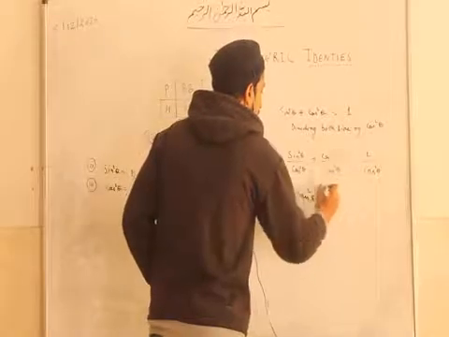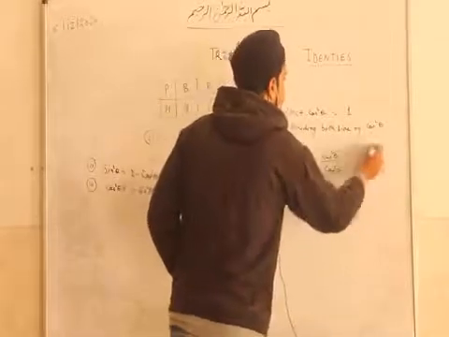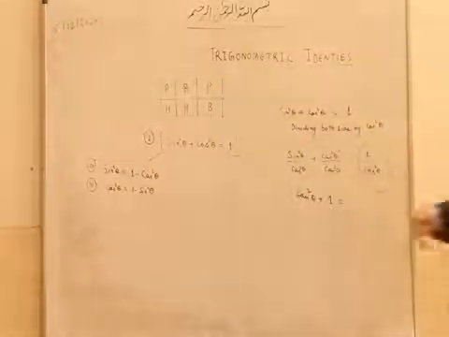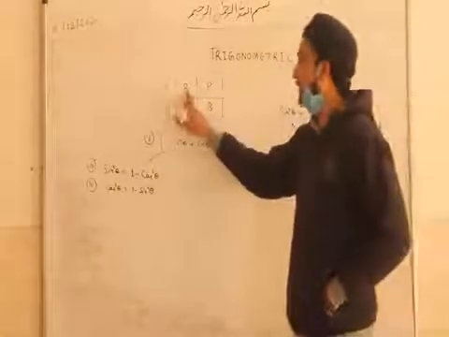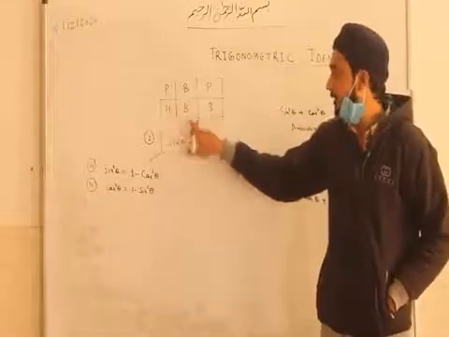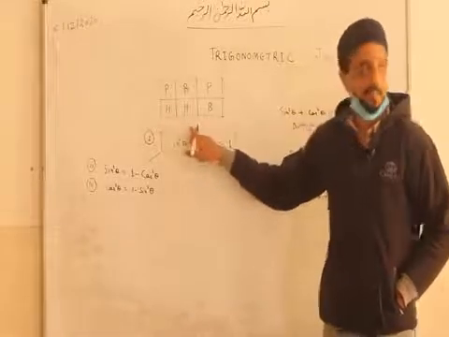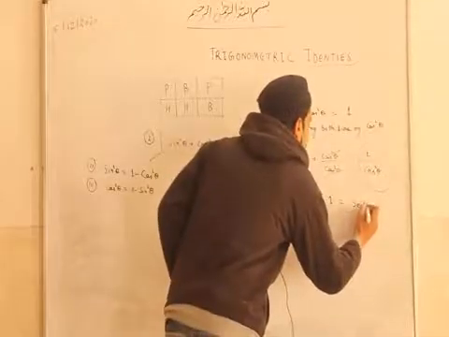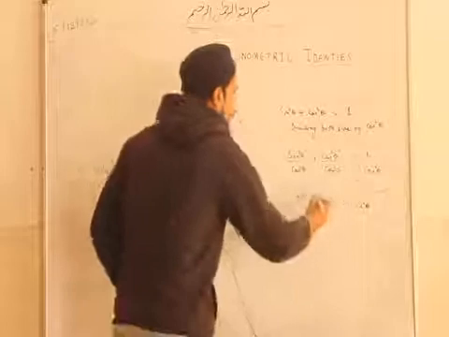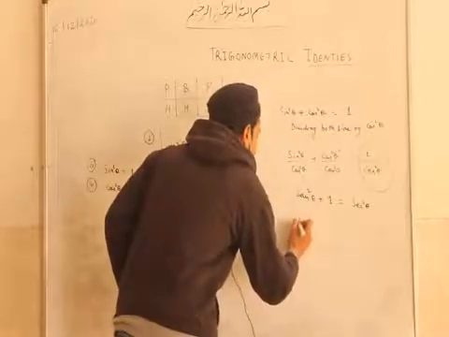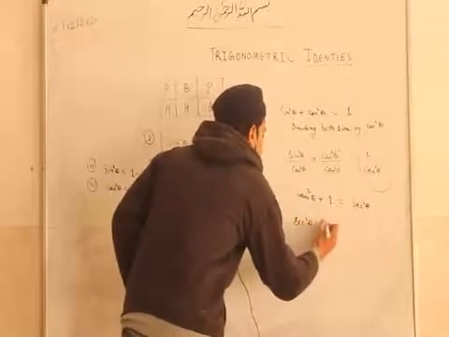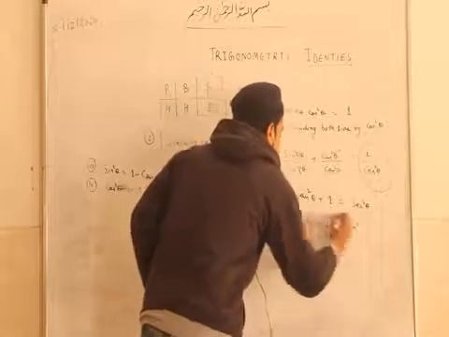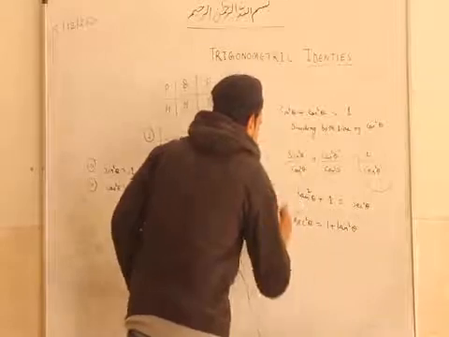The 1 cancels out here, and the reciprocal of cos, 1 by cos, is sec, so we can write sec square theta. So this is the fourth identity: sec square theta is equal to 1 plus tan square theta. Understood?